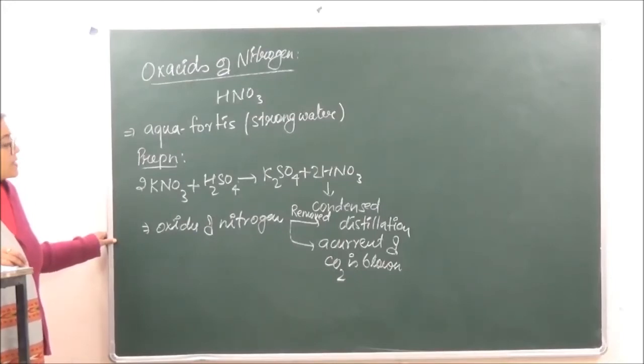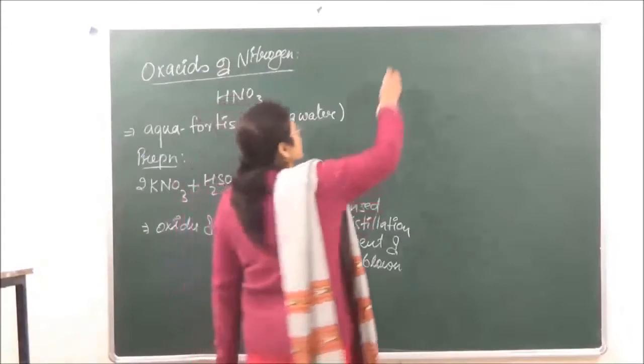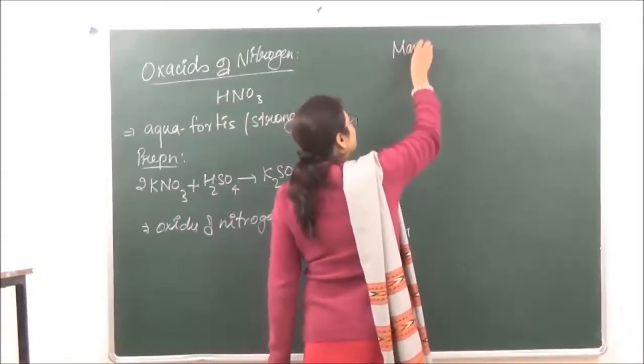Now warm करते हैं acid को, फिर carbon dioxide blow करते हैं, and the oxides of nitrogen can be easily removed.